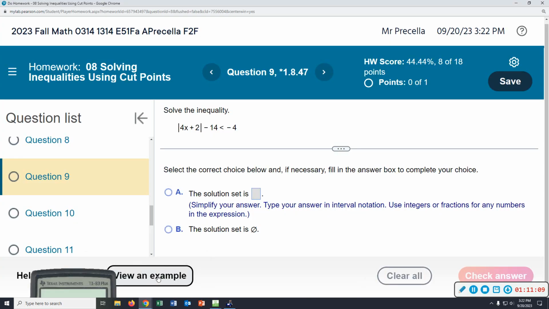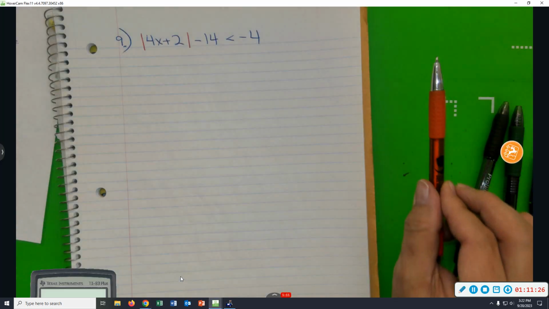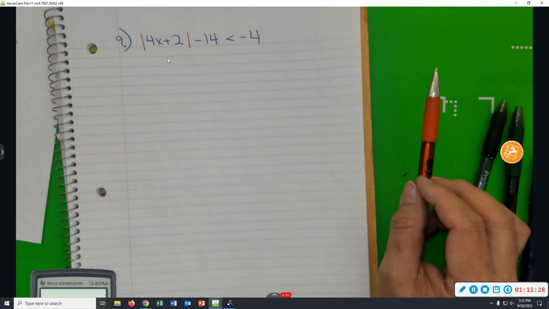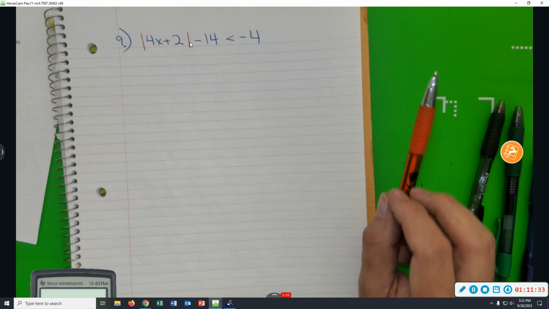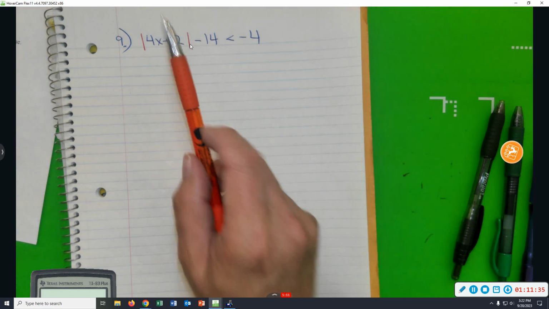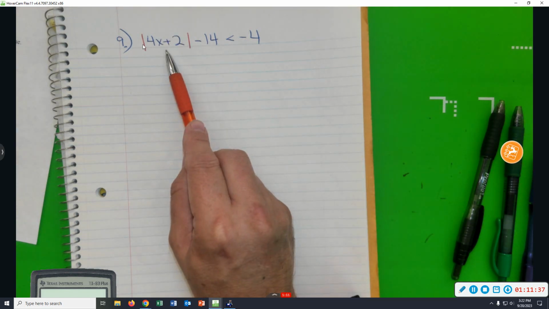The absolute value of 4x plus 21, oh, here's a minus 14, is less than negative 4. If you're solving an absolute value inequality, just like when you're solving an absolute value equation, the first thing you need to do is make sure your absolute value is isolated.